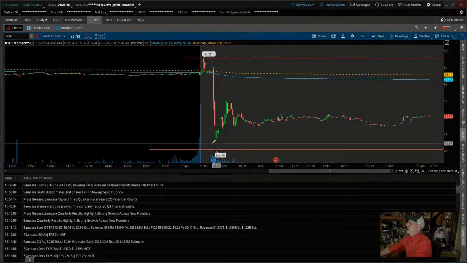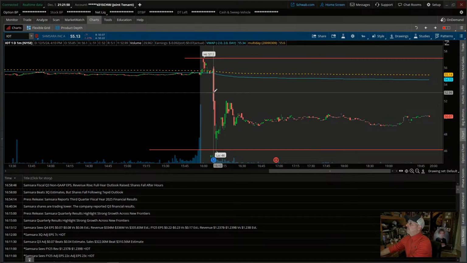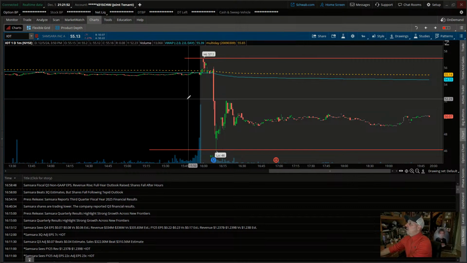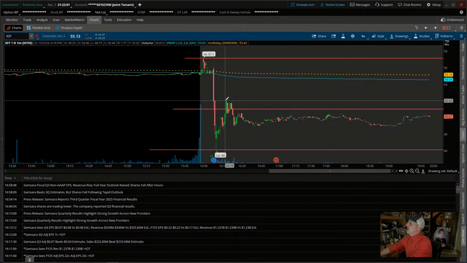Wow. And then it dropped 11 points. First candle drop was to 51. That's important. And where it kind of tried to make a stand there, that's 52. Double top, 52. That's important.